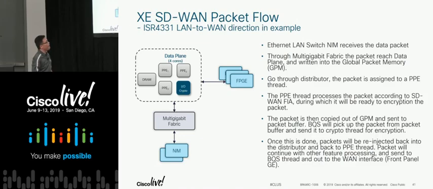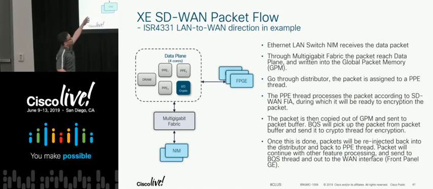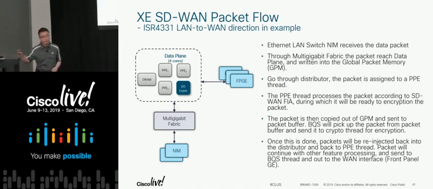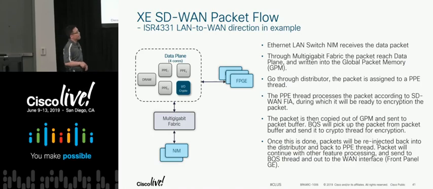Okay. I don't have an animation for this, so just follow my words, okay? So the packet comes in from the LAN interface through the multi-gig fabric, and the packet is written into the global packet memory in the DRAM of that data plane. Then a distributor assigns the packet to one of the PPE threads, and that PPE thread executes the SD-WAN features.